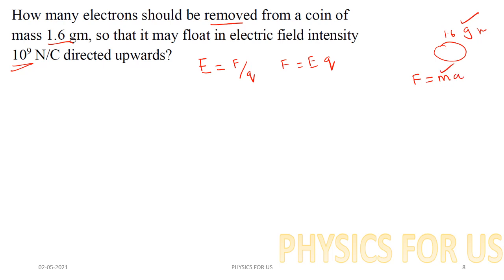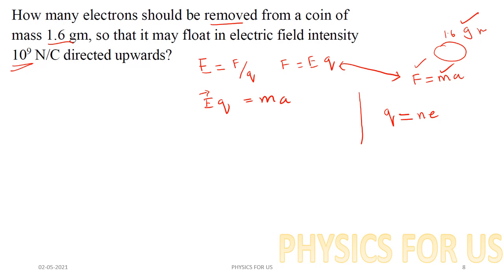Force and mass can be related, so we can relate these two equations and write EQ, electric field into Q, is equal to ma. E is given as 10 power 9 Newton per Coulomb, and Q is equal to Ne.